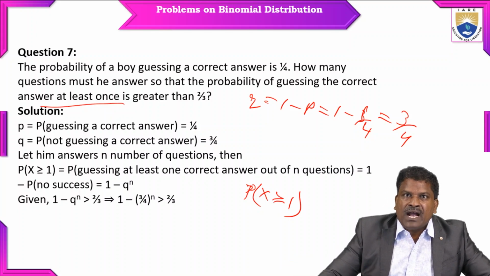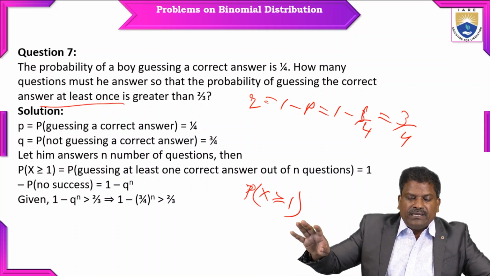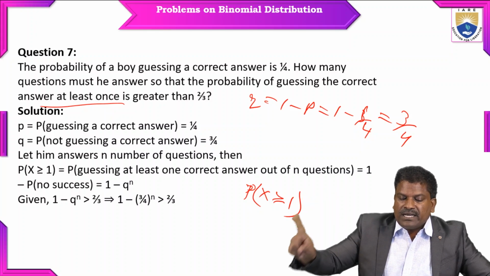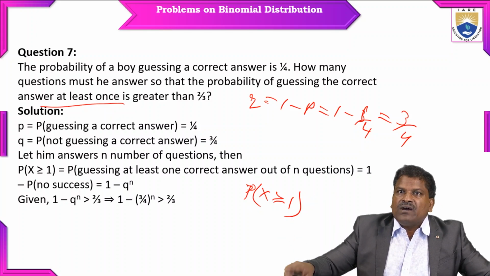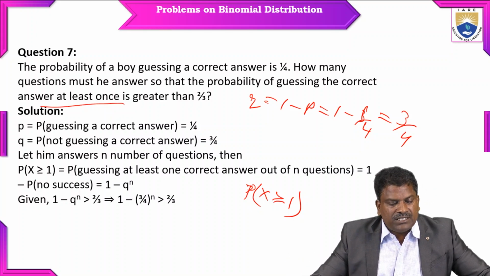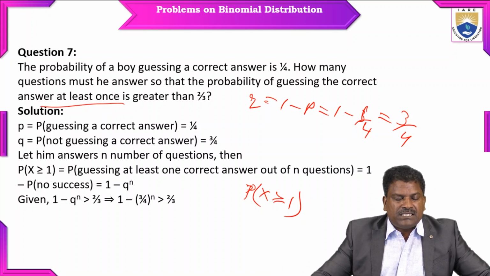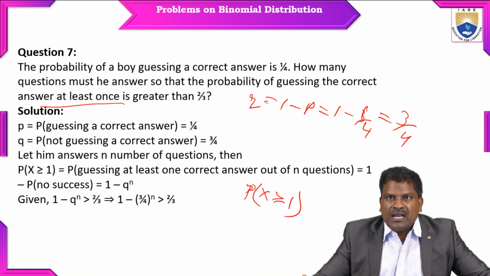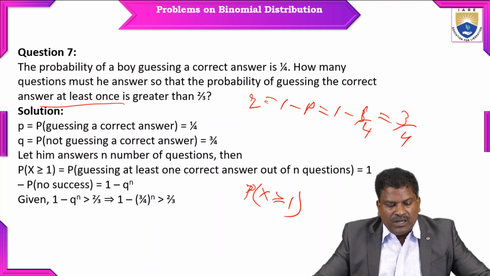See, it is nothing but P of guessing at least one correct answer out of n questions. That is what we have to find. So it is equal to 1 minus P of number of successes being zero. Already I told you, that is Q to the power n, number of failures.